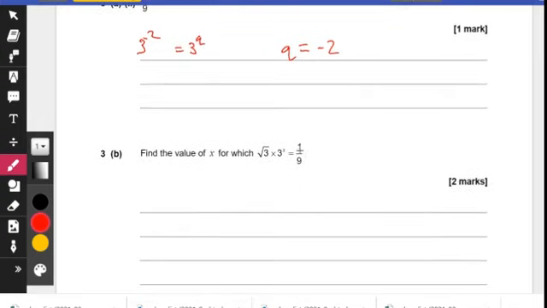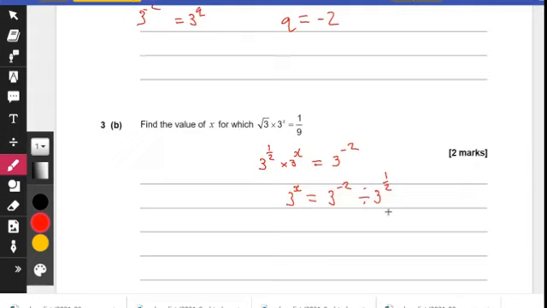With this one, well, we've got the square root of 3, which is 3 to the power of a half, times 3 to the power of x equals 3 to the power of minus 2. And then we just use that to solve. If we divide both sides by 3 to the power of a half, that gets us 3 to the power of x equals 3 to the power of minus 2 divided by 3 to the power of a half.